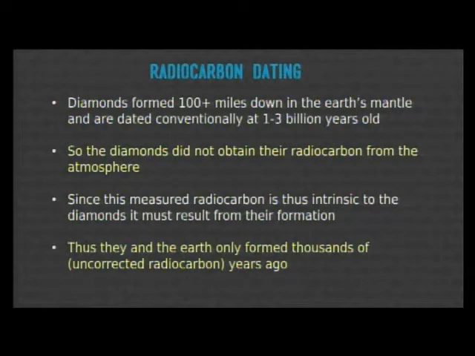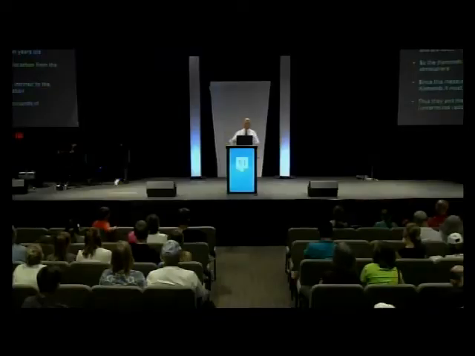Now, we have to remember that diamonds form 100 miles down inside the Earth's mantle. So they've never been in contact with the Earth's atmosphere. Remember we said that radiocarbon is produced in the atmosphere? Yet these diamonds formed inside the Earth. So this can't be radiocarbon derived from the atmosphere. It has to be radiocarbon that's intrinsic to the formation of the diamonds themselves.